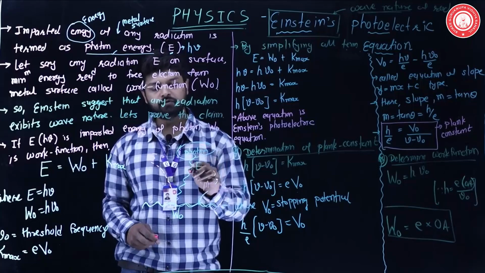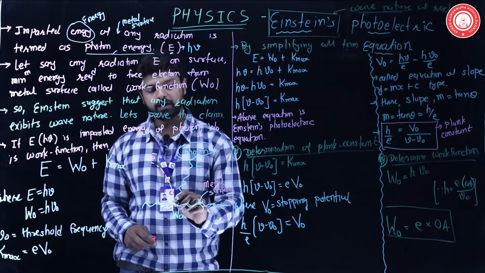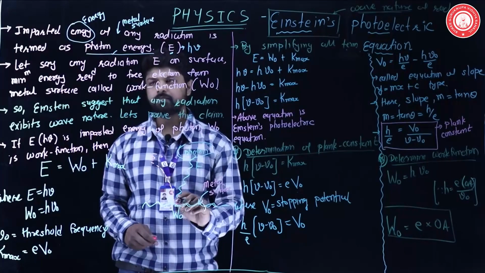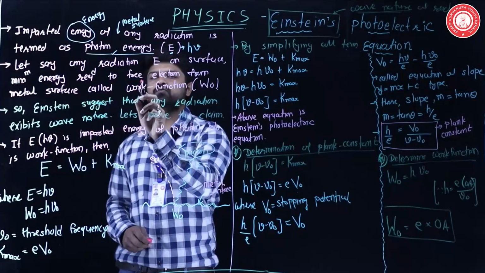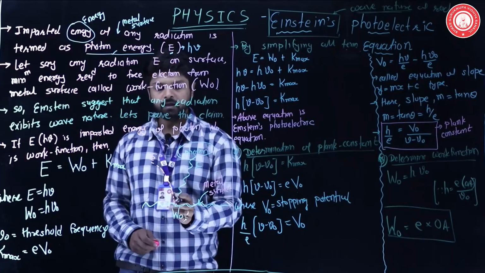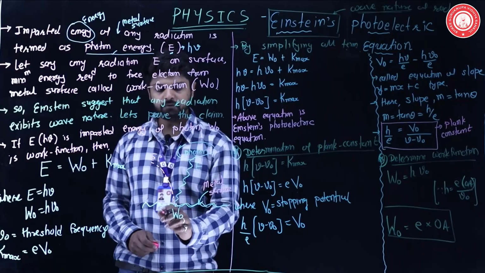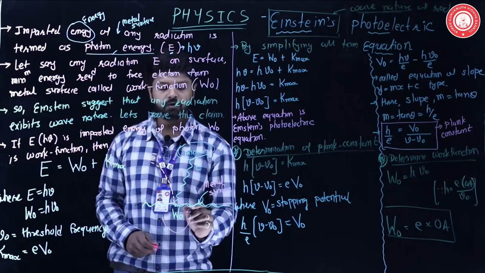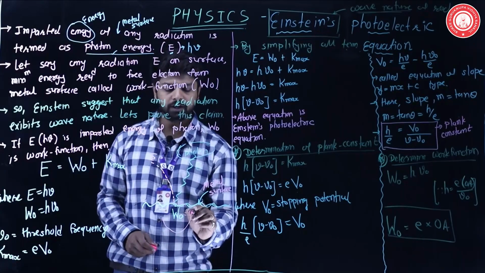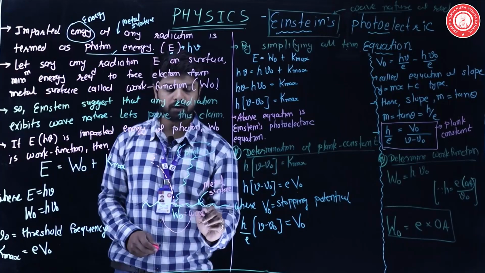So, when any photon is imparted on the metal surface, there is a minimum energy required to free the electron. The minimum energy, which I have shown over here as W0, capital W0, is said to be the minimum energy required to free the electron.